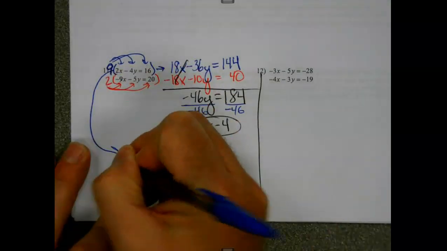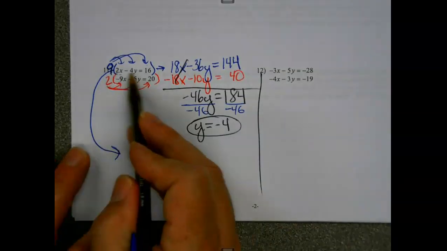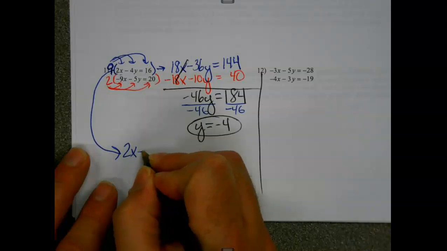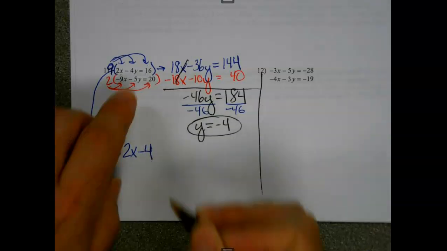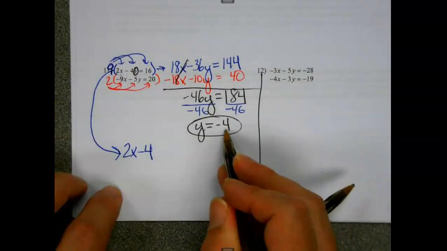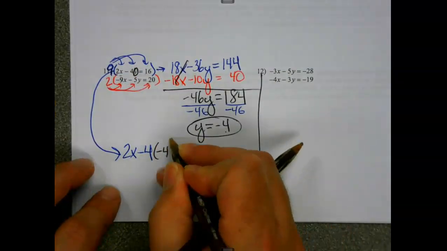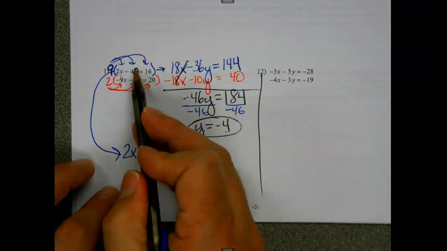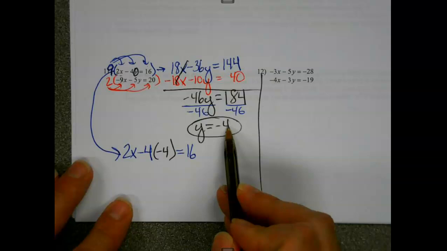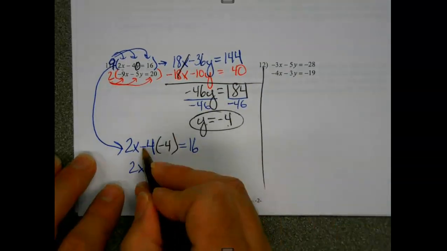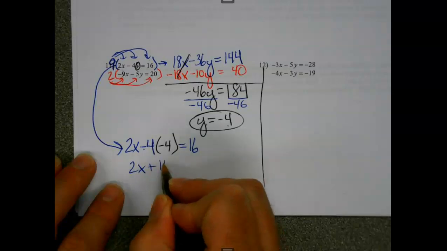So again, for our final trick, back to the top equation. Keep writing until you get to the variable that you know. Once you do, variable out, number in, negative times negative is positive.